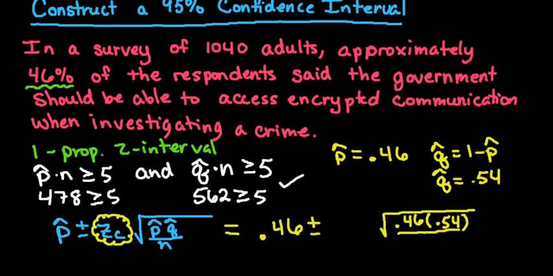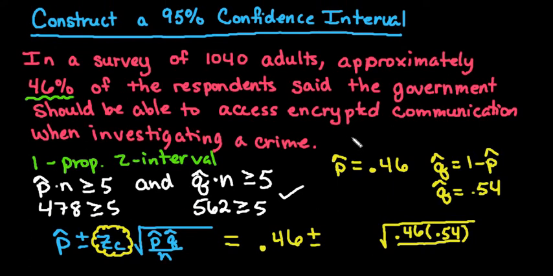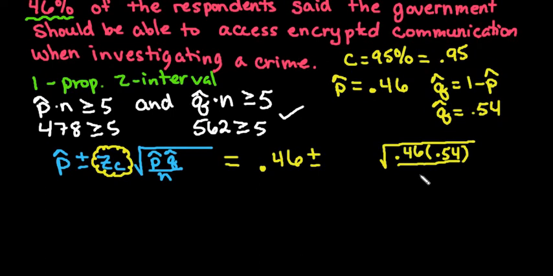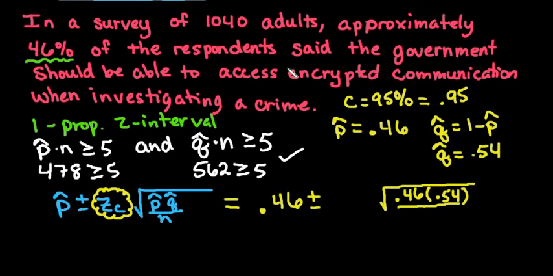So if I go back up here, I asked to construct a 95%. So our c would be 95% or 0.95. Okay, so n, from the problem, was 1,040. So n is the number of people that we asked. So that would be our 1,040.